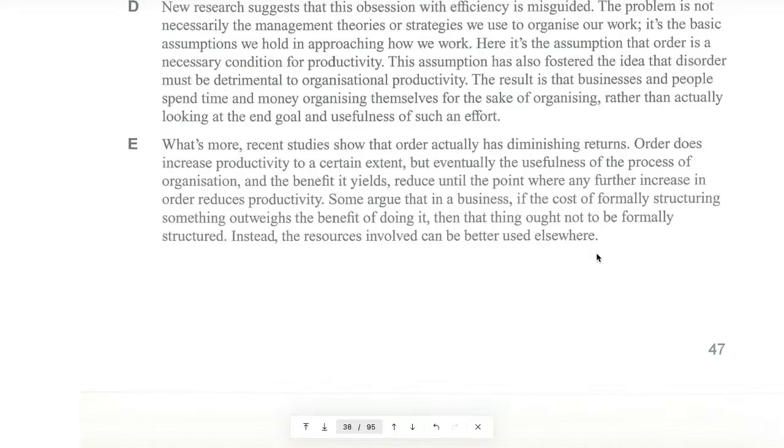So at the end they say that instead, the resources involved can be better used elsewhere. That means instead of spending money on that order, you can spend that money or the resources or human power on something else, and that will be more helpful.